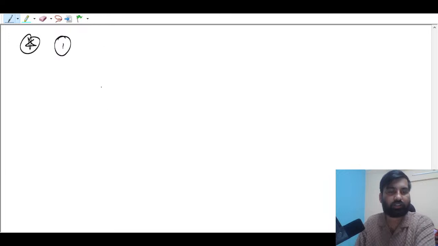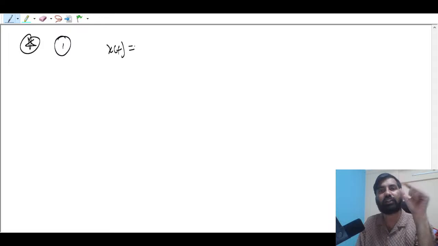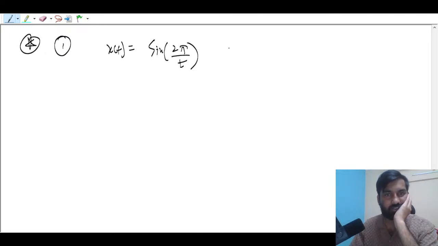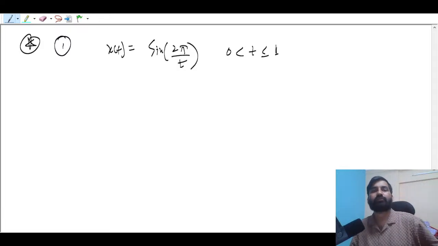Suppose number one is x(t) given as, I'm going to focus on a single period only. So x(t) is nothing but sin(2π/t) over 0 to 1, right?